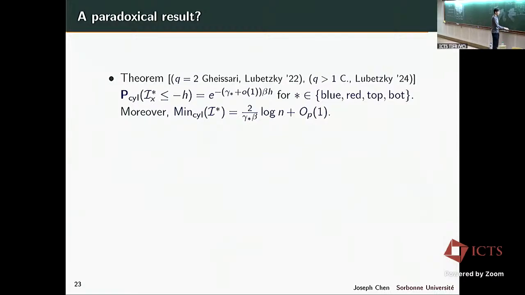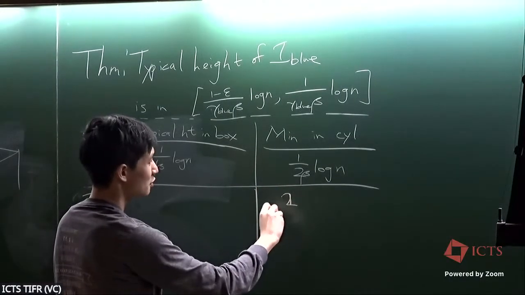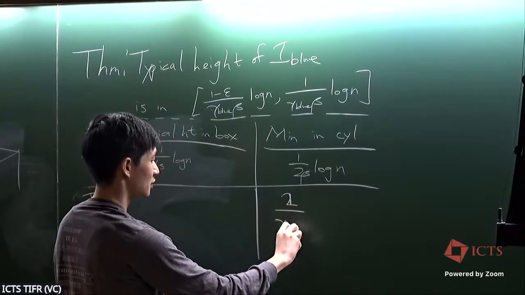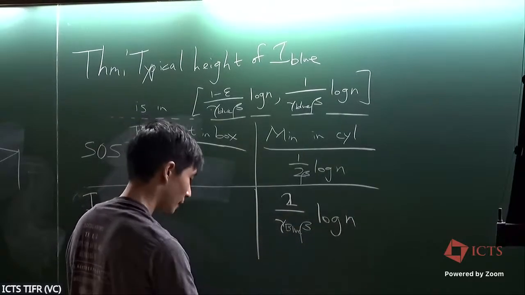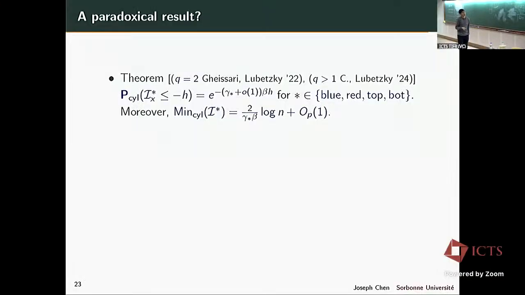So going back now to this picture, I have that for the blue interface in plots. The minimum should be 2 over gamma blue beta times log n. Actually, maybe you shouldn't focus on that for now.